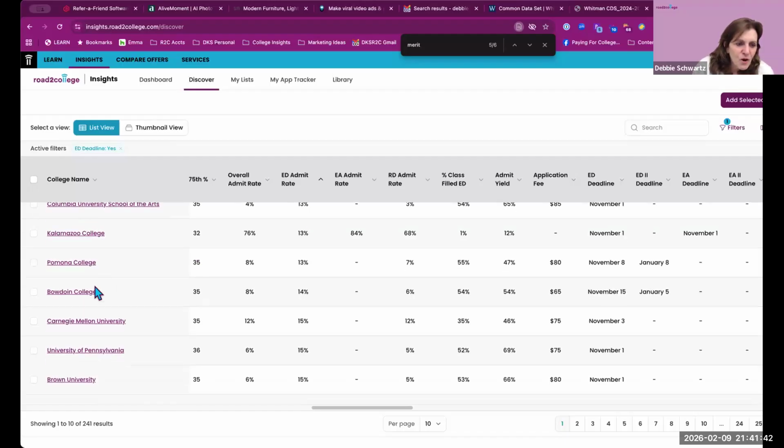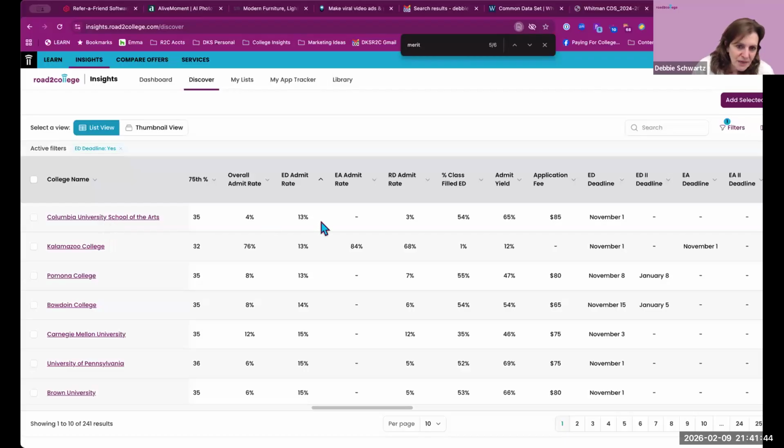So schools like Columbia, they had an early decision admit rate of 13%, but their overall admit rate was 4%. I'm not saying that applying early decision gives you an advantage, maybe a little one, but the reason why it dropped so much to 4% is because if you look at this column, the percent of class filled early decision, Columbia filled over 50% of their class early decision, to be exact, 54%.